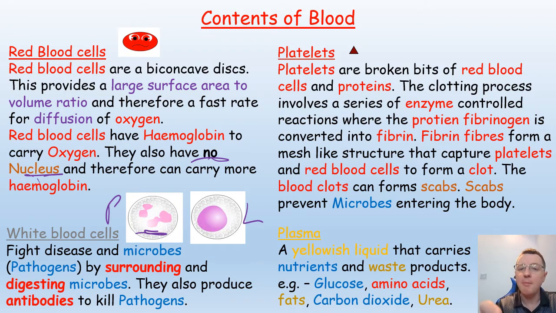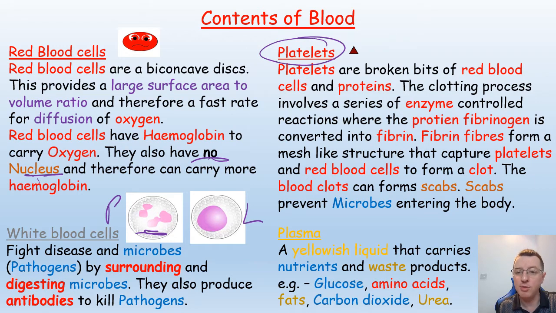We also have platelets. Platelets are another component of the blood. Now, a platelet is a bit of broken red blood cells combined together with some proteins. And platelets will, as we've already said, form blood clots to create temporary barriers to prevent microbes from entering.